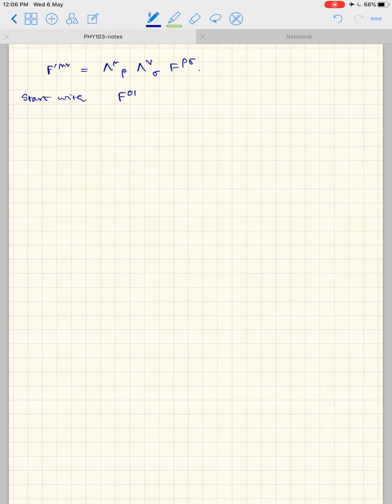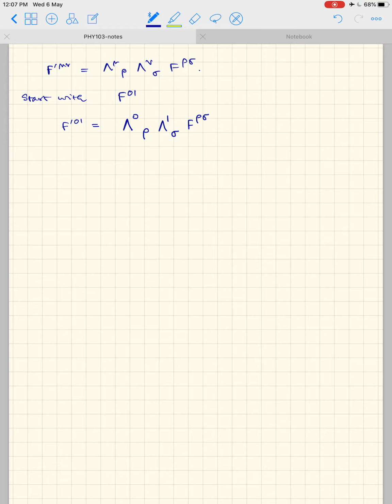F prime 01 is what? You need to put 0 instead of mu, rho stays, you need to put 1 instead of nu, sigma stays, F rho sigma, right? So now you need to sum over all rho and sigma.